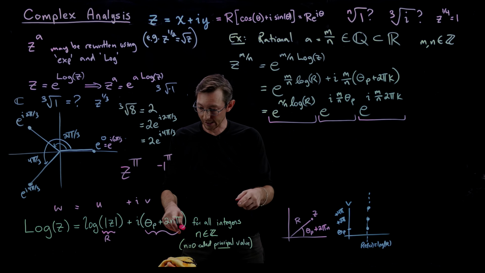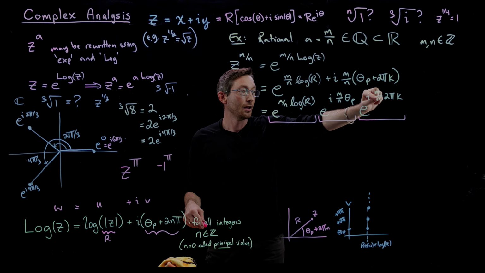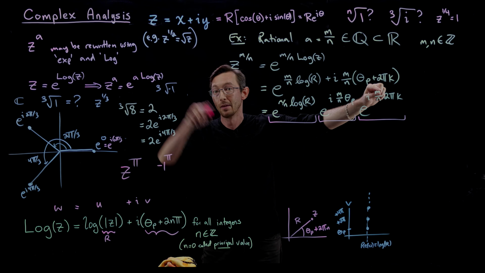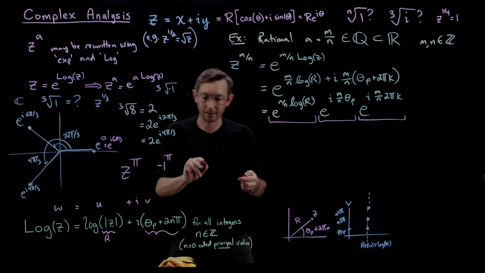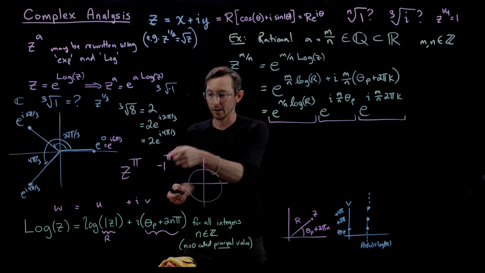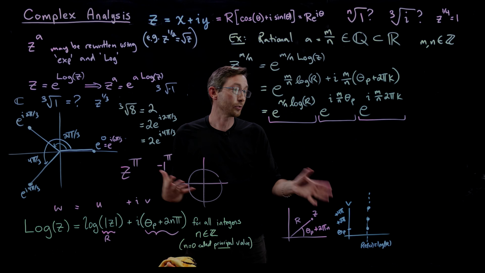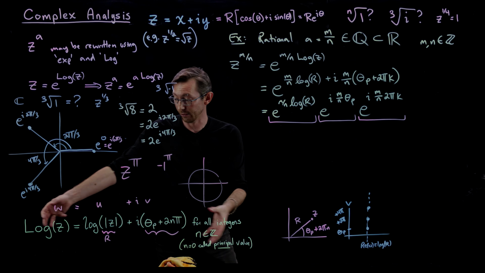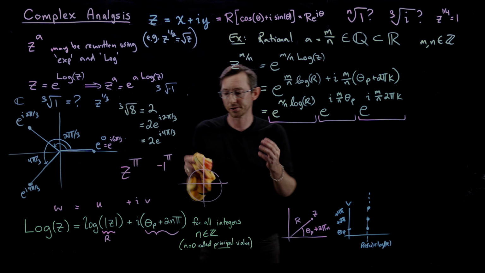Because for every single k here, if I plug in a pi here, there are infinitely many values of this. And in fact, I would say that any number here on the unit circle is a solution of -1 to the pi power. That's a very weird and strange outcome of the fact that log of z is infinite valued and pi is irrational. It's a weird thing, but it's true.